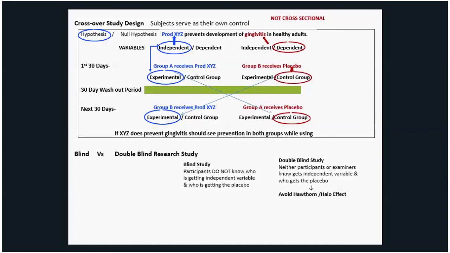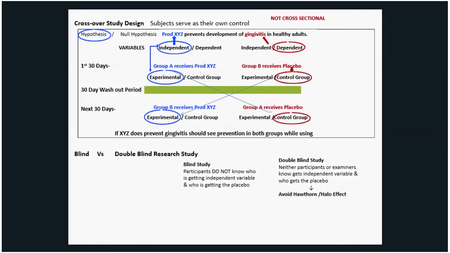And this really avoids a Hawthorne or halo effect, because in some cases, if your researcher is administering this, the way they administer it, their mannerisms when they administer it, the individuals in the experimental and the control group can pick up on that, and that may have an effect on the outcomes of your research.